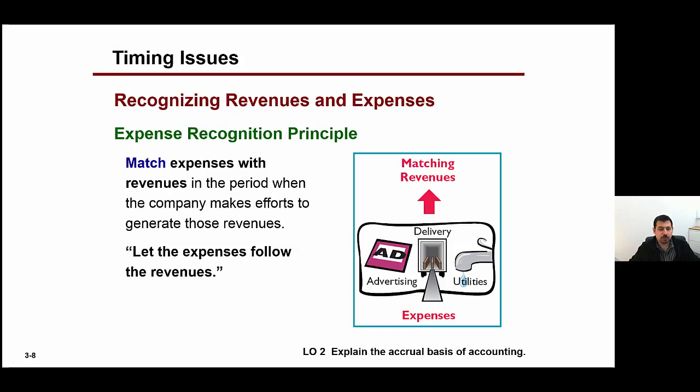And as a result, all the expenses that the company has incurred to generate certain revenues have to be recorded at the same time as those revenues. In other words, the effort must be matched with the results, or the expenses have to match the revenues. And whenever the expense is not paid in the same accounting period, then it becomes a payable, a liability or an obligation that the company has to fulfill later on.